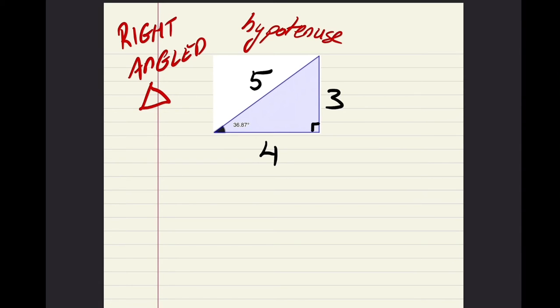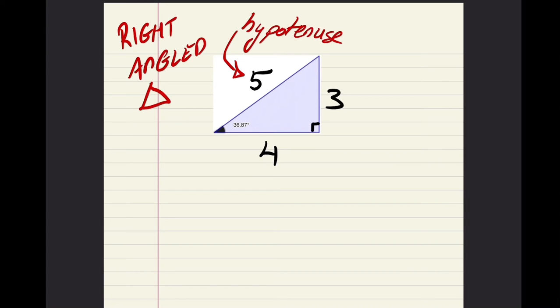Okay, so now we've got the hypotenuse sorted. That will never change. The side across from the right angle is always called the hypotenuse. Now, the other two sides depend on where your angle is. Now, this is the angle we're going to be discussing, so that's our focus for now. As you can see, this angle has a side here and a side here. They're the only two that we haven't named. Now, this side over here is opposite the angle.